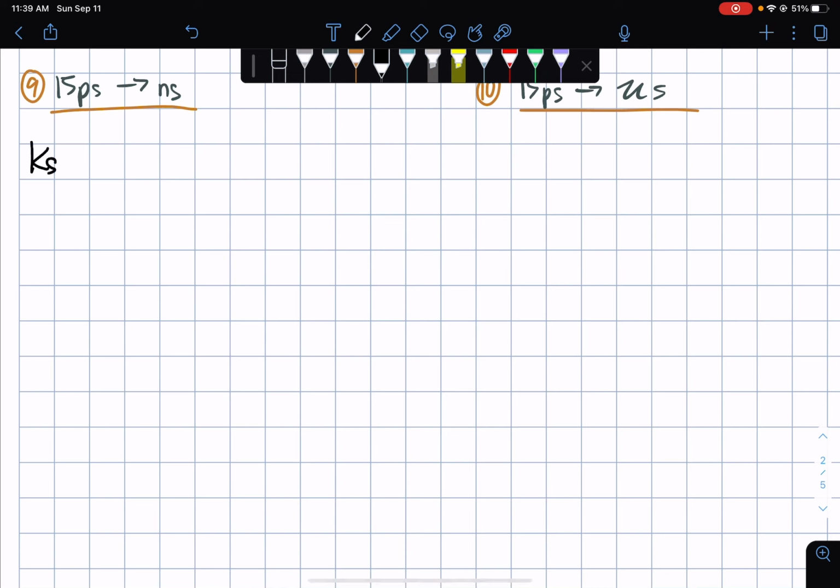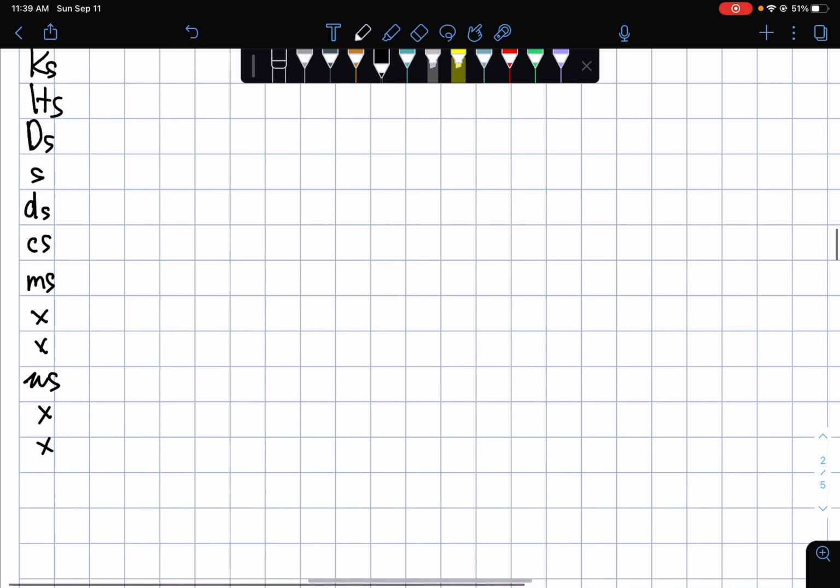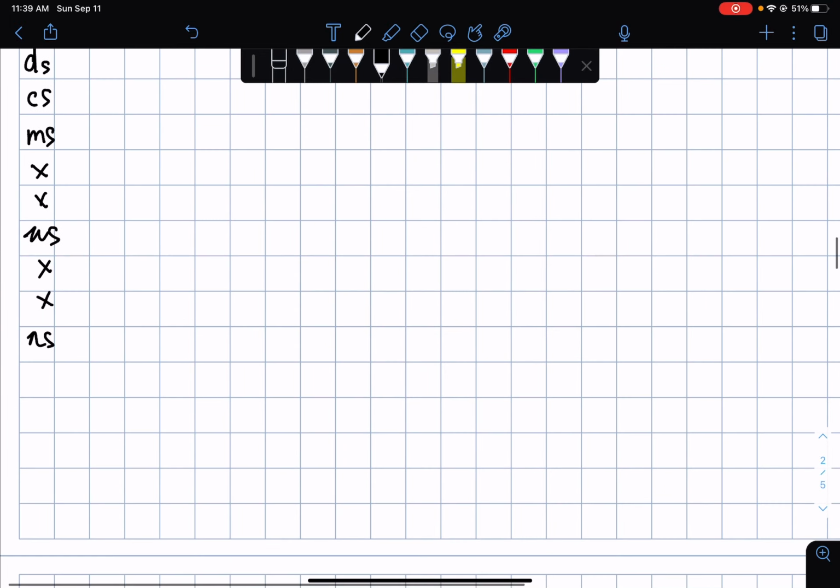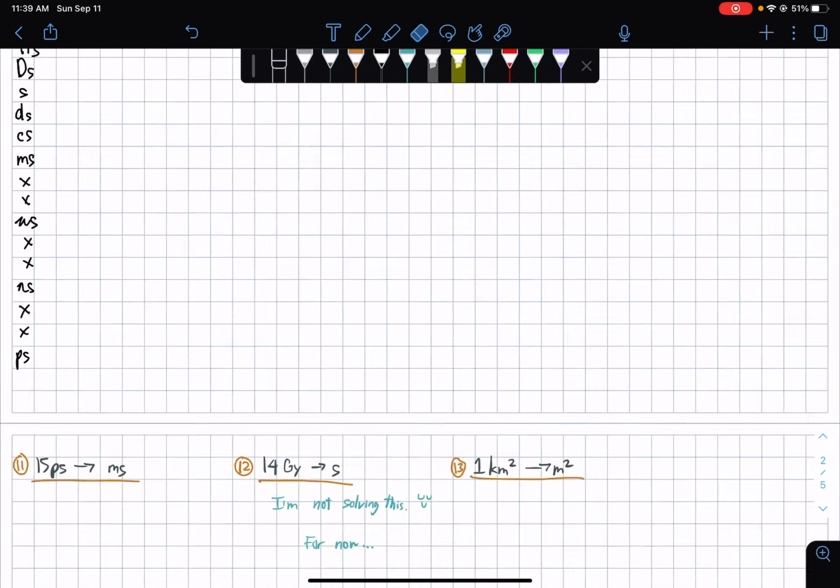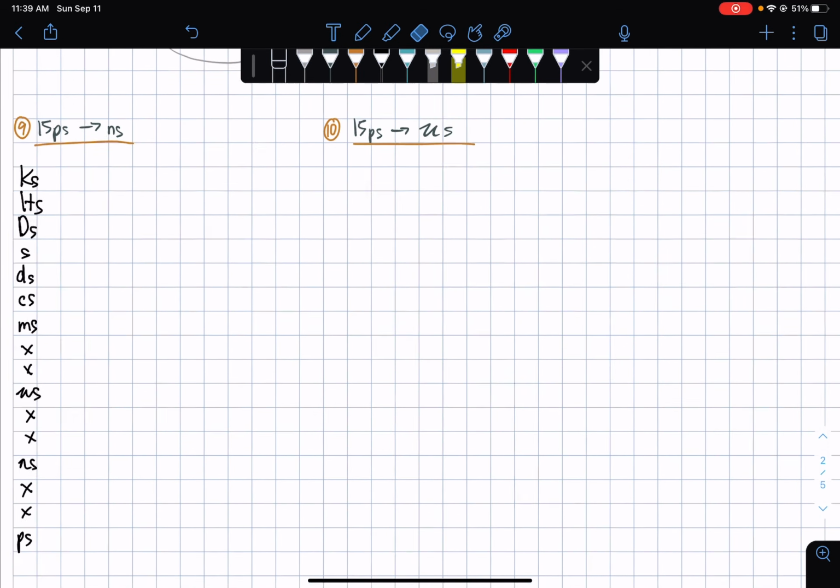So kiloseconds, hectoseconds, decaseconds, seconds, deciseconds, centiseconds, milliseconds. Skip 2 values, we get microseconds. Skip another 2 values, we get nanoseconds. And skip another 2 values, we get picoseconds. So yeah, that's very long.